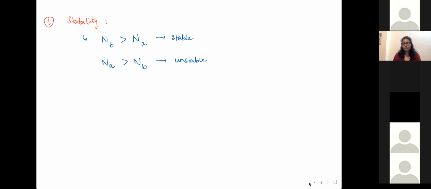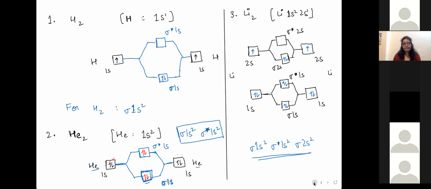Okay. So for example, hydrogen: the total number of electrons in bonding orbitals, we have 2 electrons over here. So bonding we have 2 electrons, and anti-bonding we have 0 electrons. Because there are more electrons in bonding than in anti-bonding, the H2 molecule will be formed and it is a stable molecule.